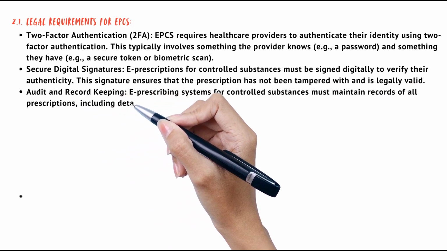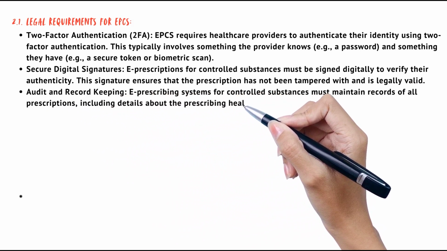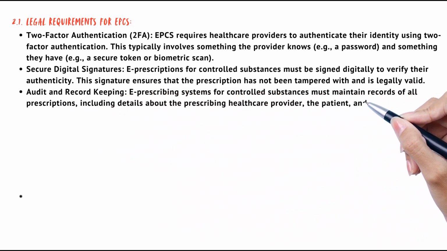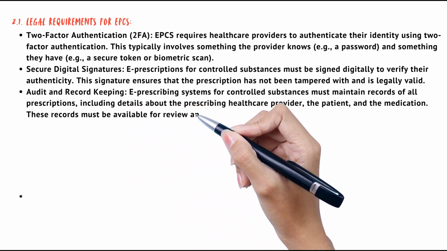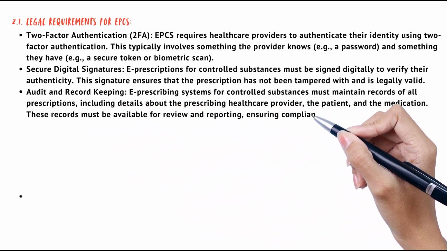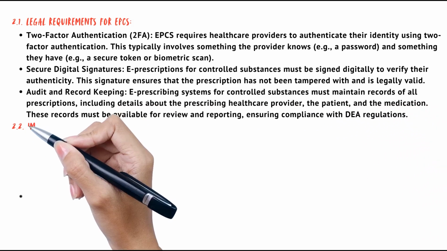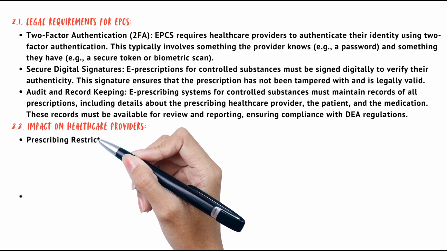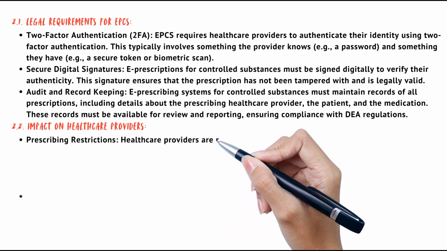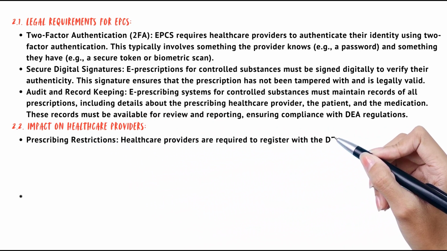Audit and record keeping. E-prescribing systems for controlled substances must maintain records of all prescriptions, including details about the prescribing healthcare provider, the patient, and the medication. These records must be available for review and reporting, ensuring compliance with DEA regulations. 2.2.